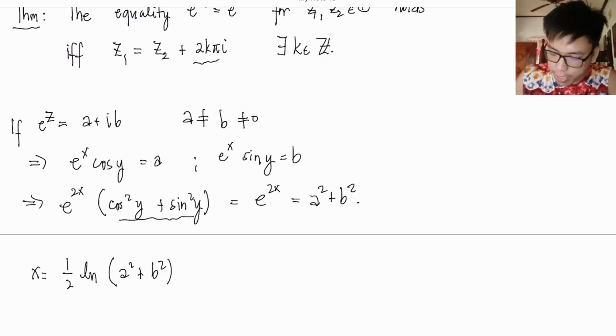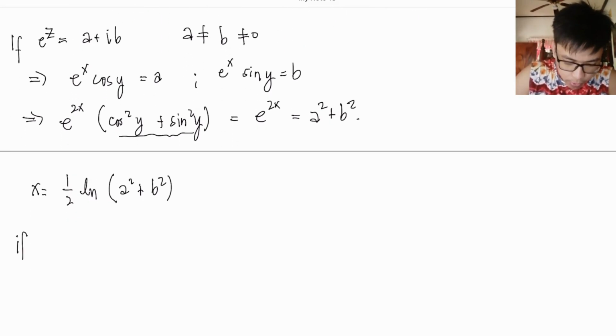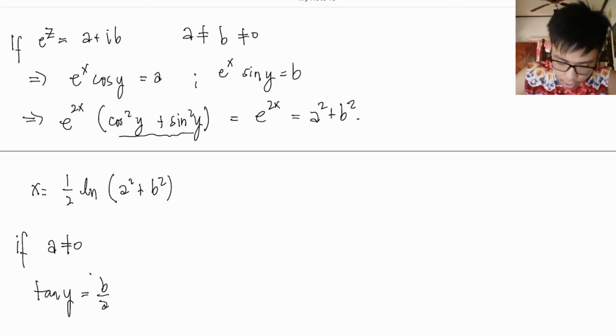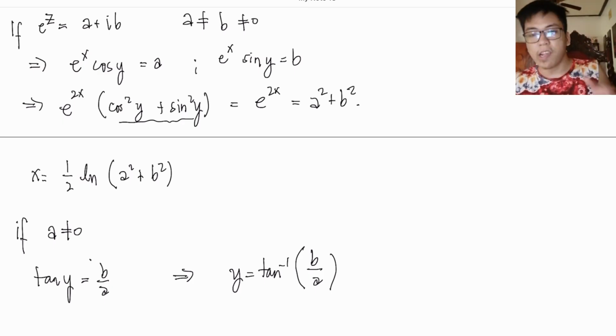So that means we take the logarithm of both sides. If a is not 0, we can have tan y equals b over a, and that gives y equals tan inverse of b over a. This is the way to get the value of the angle.